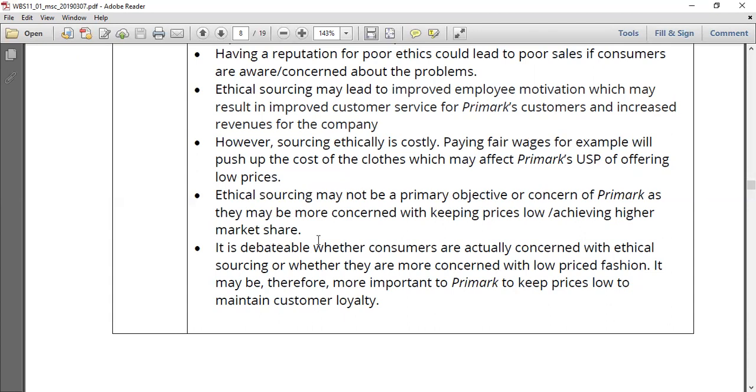It is debatable. You have to always give some kind of balancing. It is debatable, or it depends on whether consumers are actually concerned with ethical sourcing, right? We will find out whether the US customers, UK customers, European customers are really concerned about this ethical principle, ethical sourcing.